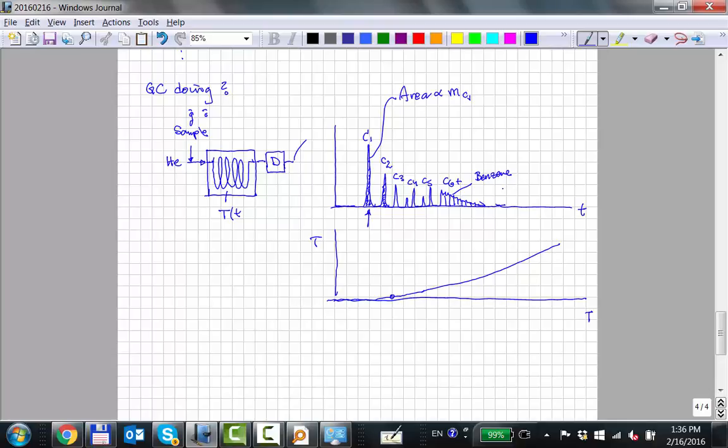And for the total area, basically you've got the mass. The mass fraction, which we call weight fraction, is just the area of that particular component over the total area. That's the total area under the curve.